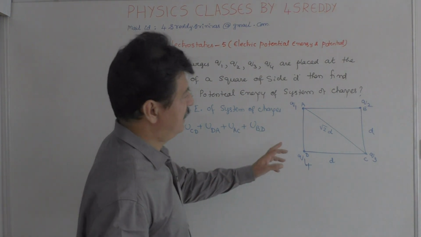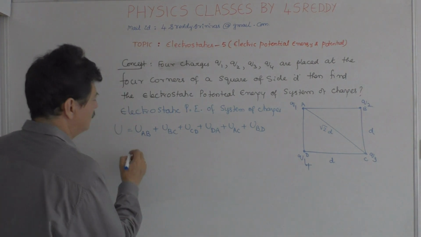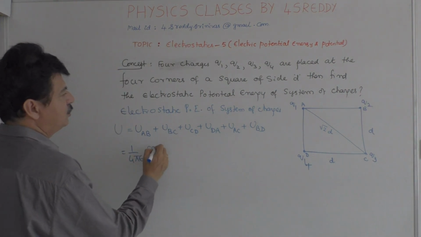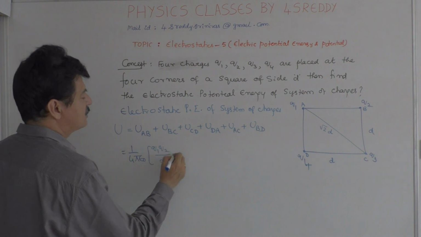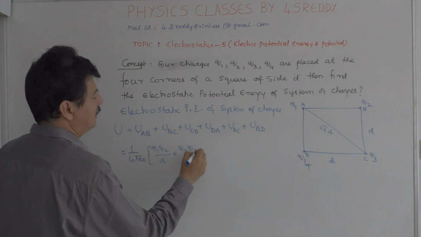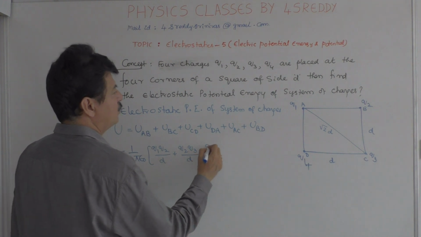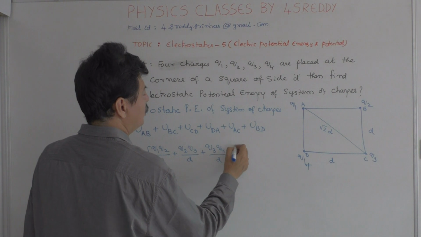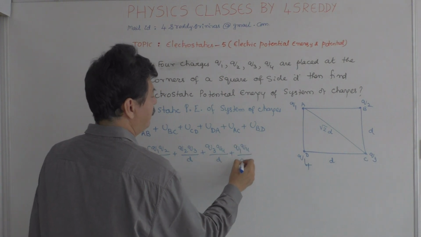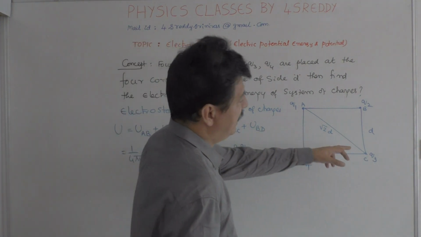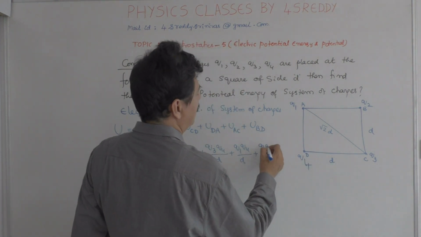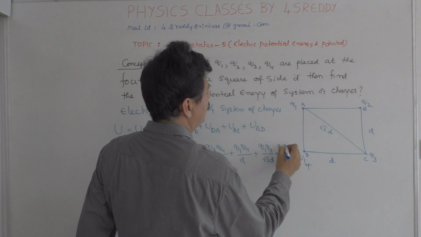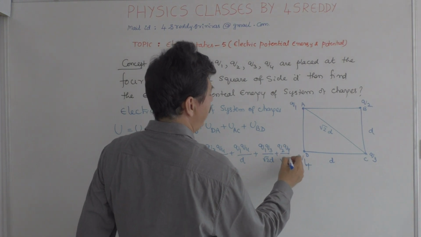In all these cases, the distances are taken. So 1 by 4 pi epsilon naught is common for all. Then Q1 Q2 by D plus Q2 Q3 by D plus Q3 Q4 by D plus Q1 Q4 by D plus between A and C, Q1 Q3 by root 2D plus Q2 Q4 by root 2D.